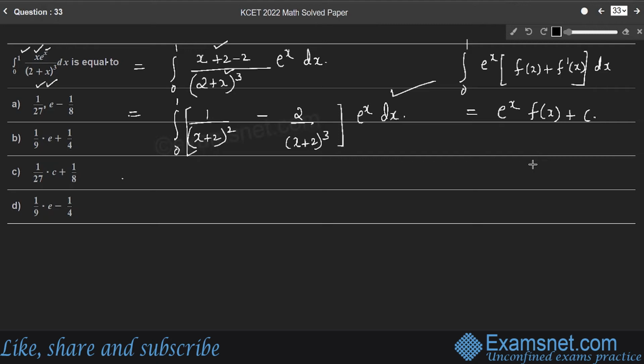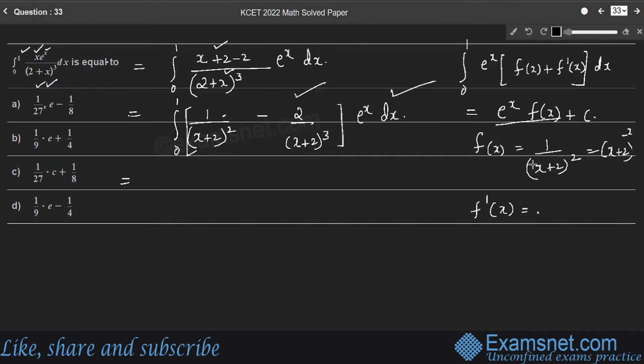So let us express the given integral in the form of e raised to x f of x. Here f of x is 1 by (x plus 2) whole square. The derivative of f of x is f dash x. It is nothing but (x plus 2) to the power of minus 2, right?